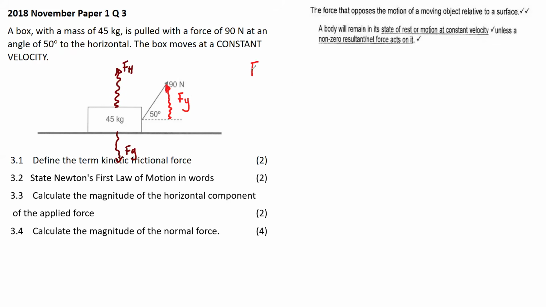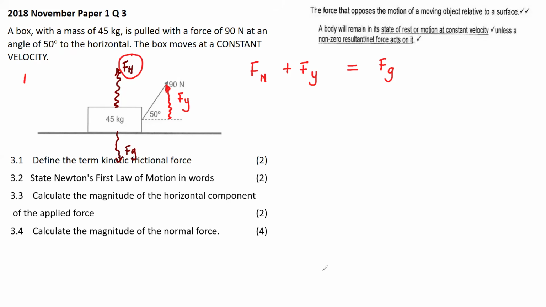Earlier on, I had said the normal force and the Fy, these two upward forces, are going to equate to the gravitational force. If you said Fn is equal to Fg in this case, you'd be wrong because you are not considering the fact that there is Fy.